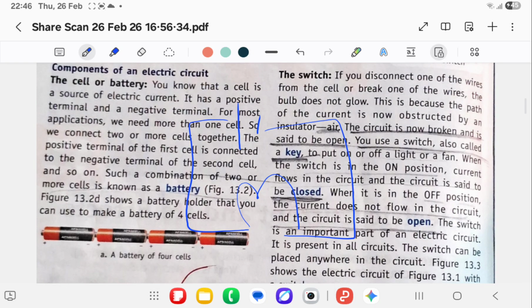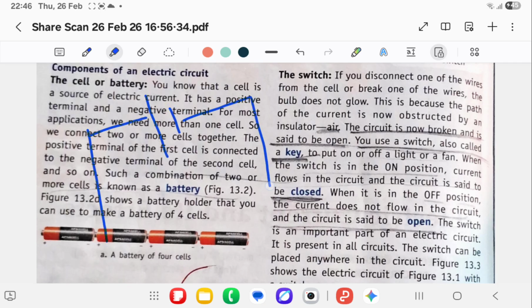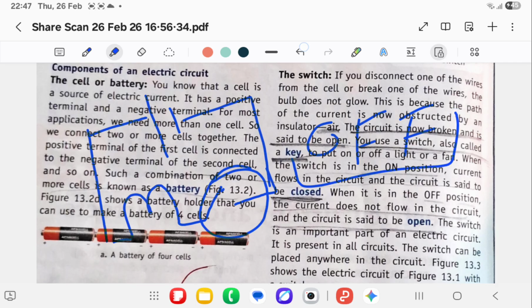Now this part is your switch. Now if it is open, it means the switch is off. Okay, this is known as an open circuit and the switch is off. Clear?